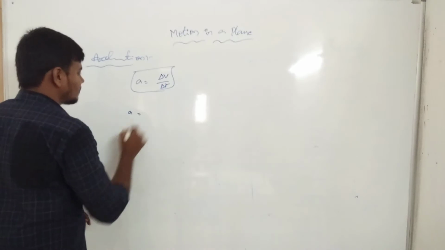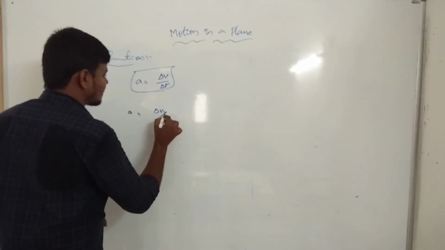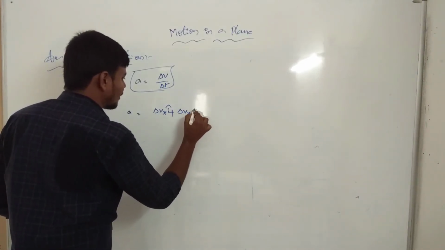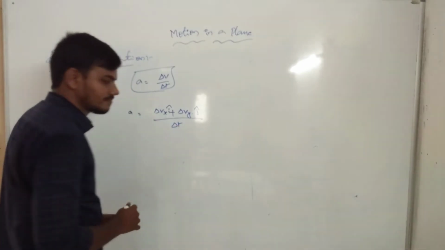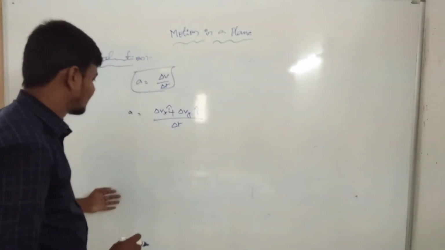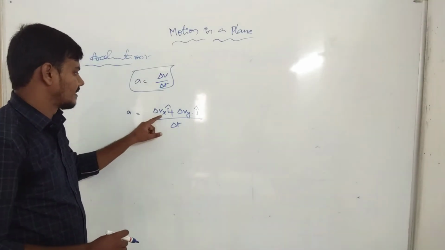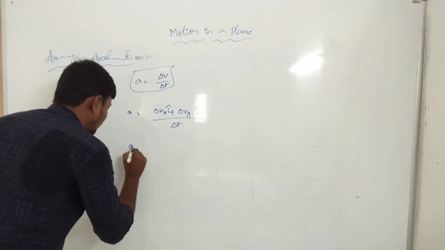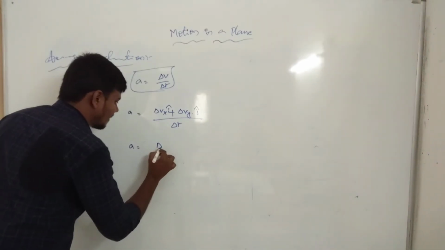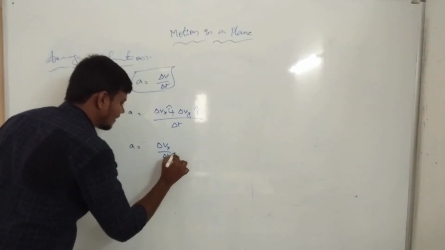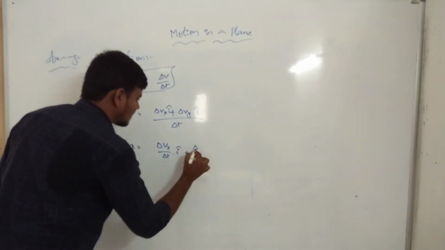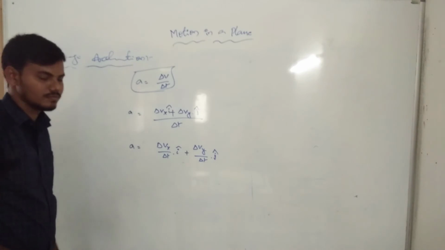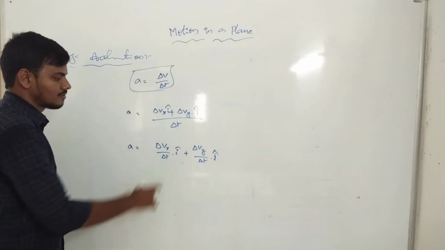Now A is equal to delta Vx into i cap plus delta Vy into j cap by delta T. Separating the terms, A is equal to delta Vx by delta T into i cap, plus delta Vy by delta T into j cap.